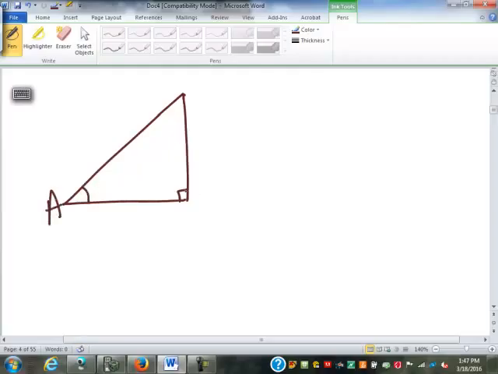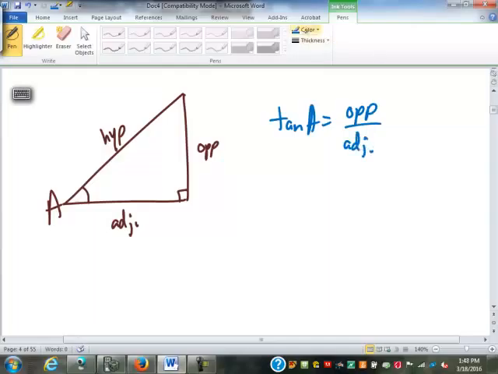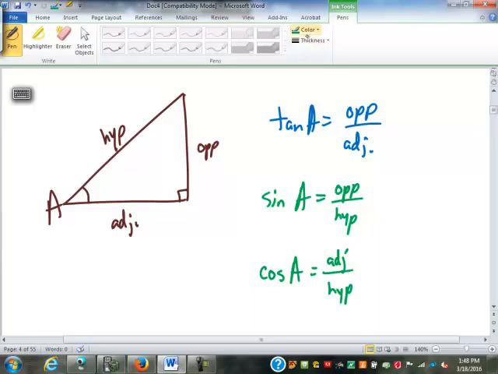If I'm looking at angle A here, this is my opposite side, this would be my adjacent side, and this would be my hypotenuse. Tangent of angle A would be the opposite side over the adjacent side. Definition of tangent. Let's look at sine of angle A. That would be the opposite side over the hypotenuse. And the cosine of angle A would be the adjacent side over the hypotenuse.